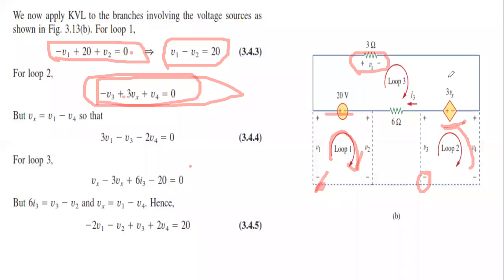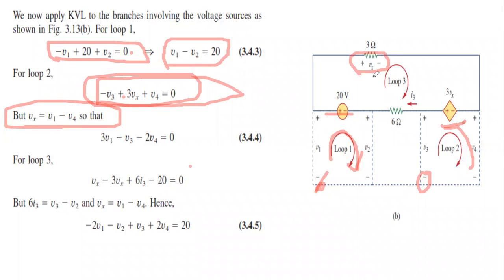Vx, so you can see has been written as V1 minus V4. Why are we writing it like this?